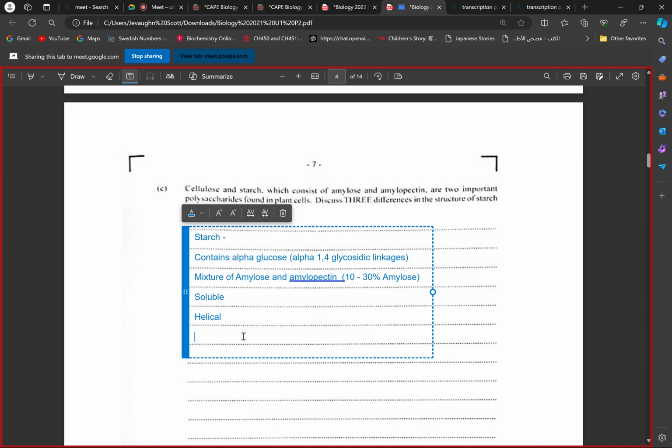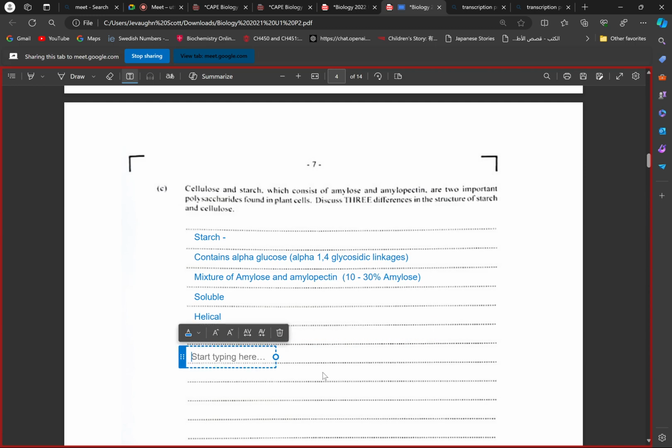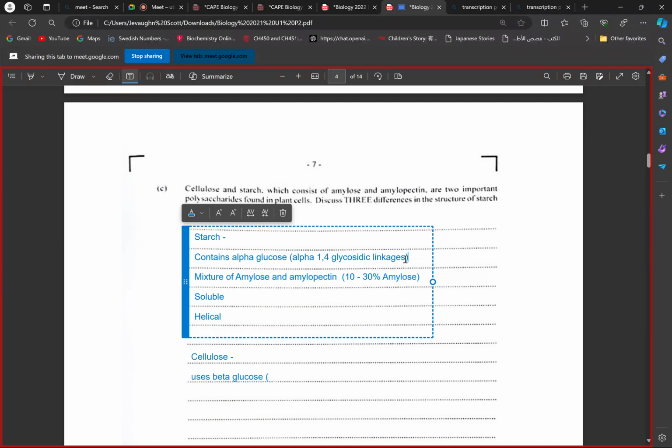Alright, cellulose now. I will just put in structure so you guys can make your own distinctions. Cellulose, now what happens? It uses beta glucose units. Remember that amylose has 1,4 glycosidic linkages and amylopectin has some 1,6 glycosidic linkages.